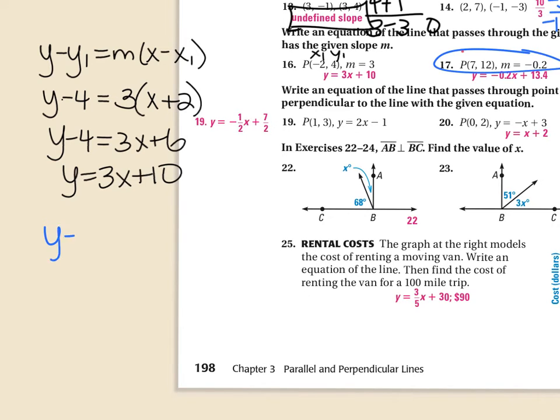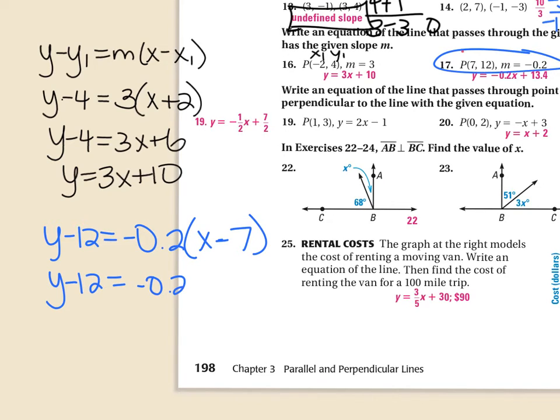17, y minus 12 equals negative 0.2 times x minus 7. Y minus 12 would equal negative 0.2x plus 7 times 0.2 would be 14. Move the decimal 1, so 1.4. And then add the 12.